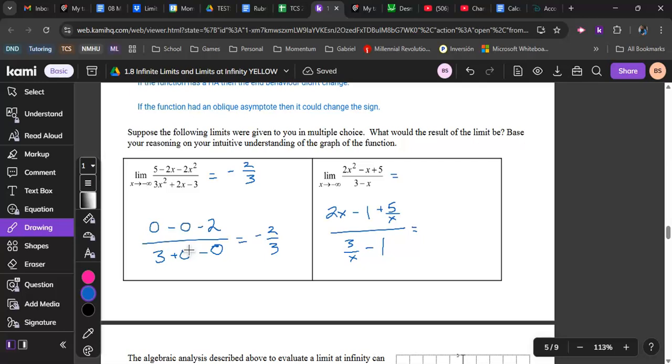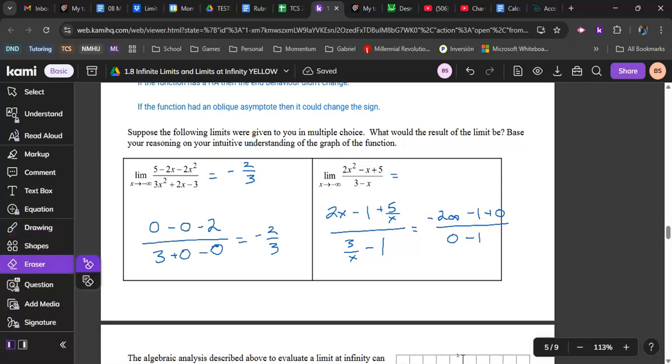So when I do this, I'm going to get negative 2 infinity minus 1 plus 0 over 0 minus 1. It technically is minus 0. Again, we discussed last time, it doesn't matter if it's positive or negative, so that's why I just wrote it as positive each time.